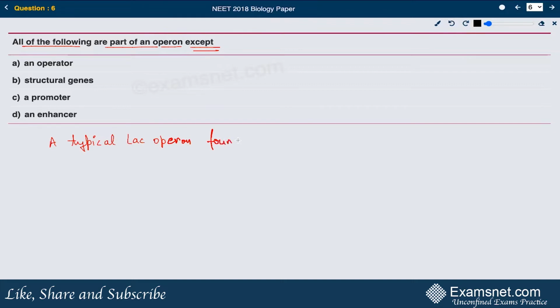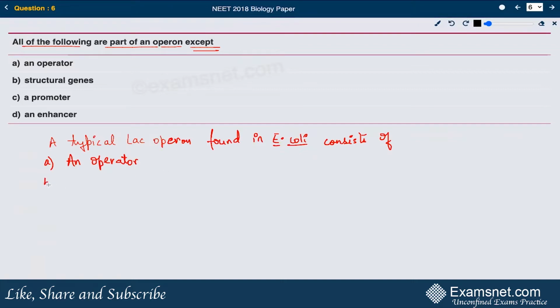found in E. coli consists of an operator gene, or an operator you can say, which will respond to the presence or absence of the repressor protein or the inducer.